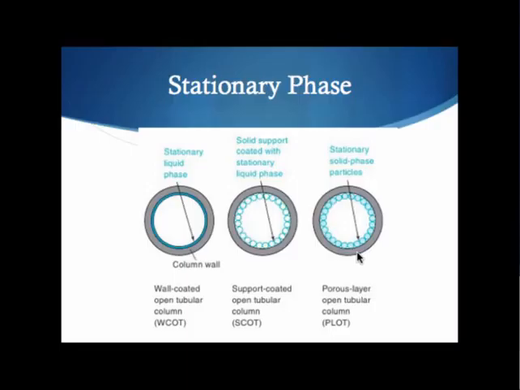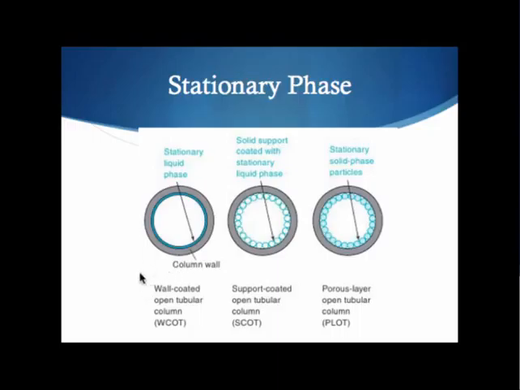And the stationary phase interacts with the solvent and the sample that you want to separate as it passes through the column. And so this has something to do with the separation of those mixtures, which we'll get to a little bit later. Right now, let's just discuss the different types of stationary phases.